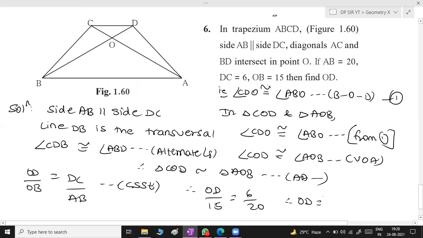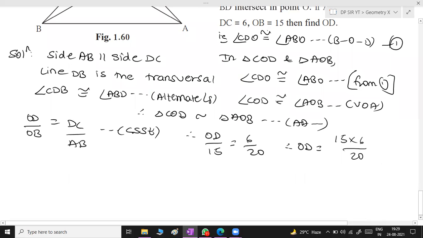OD is equal to 15 into 6 upon 20. If you are not able to solve, please reduce it here only, I would say. Therefore, OD is equal to 9 by 2. Therefore, OD is equal to 4.5, and this is the solution.